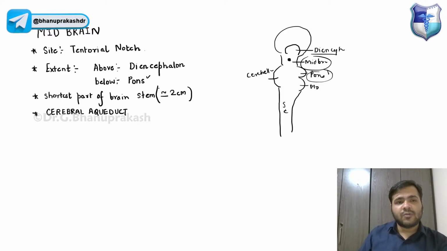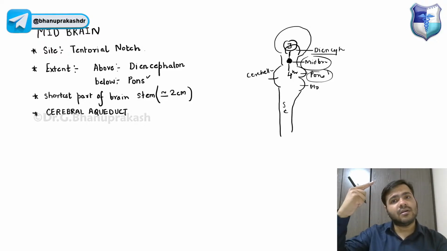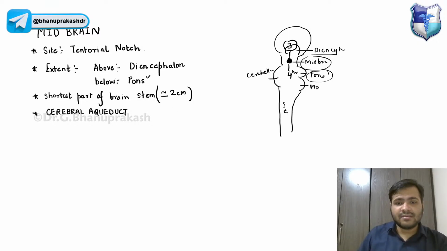Now, what is present above this cerebral aqueduct? The third ventricle. And what is present below? The fourth ventricle. So this cerebral aqueduct is basically connecting the third ventricle above to the fourth ventricle below.